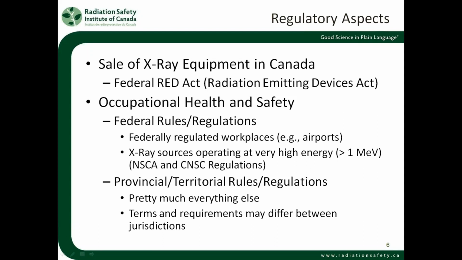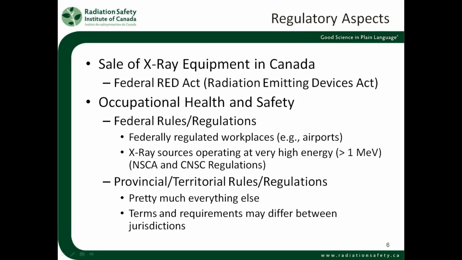Federal rules will apply to federally regulated workplaces under the Occupational Health and Safety Regulations. Federally regulated workplaces, such as baggage scanners in airports, are covered, and those occupational health and safety rules will apply to those workplaces.